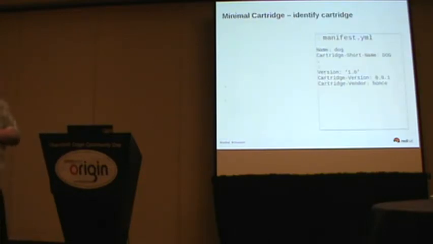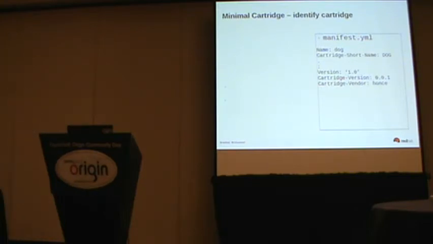Minimal manifest. You need to tell us what your name is. Cartridge short name. Why do we do 2? One is the name you're going to give to humans. The short name is the one that gets used when the system is building environment variables for you. So that one you want to keep nice, short, all caps. It's going to show up later when you're doing things. Version, you need to tell me what version of software you're packaging.